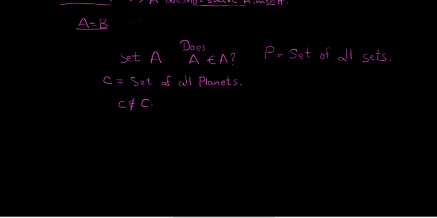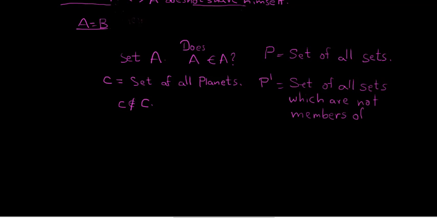This is hard to decide, so it makes perfect sense to ask the same question with another set. Let me denote it by P prime, which is the set of all sets which are not members of themselves.